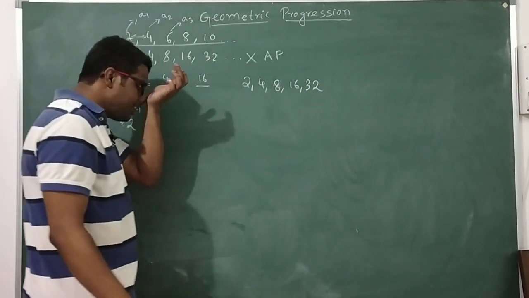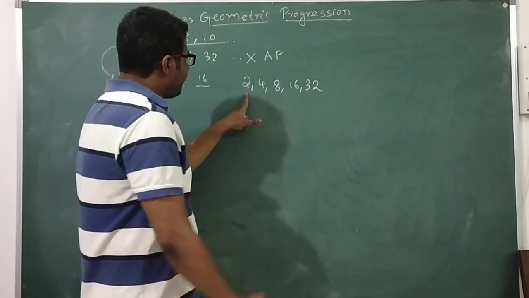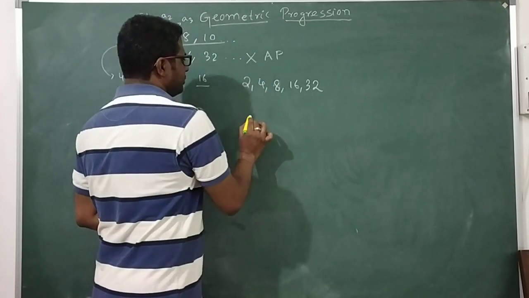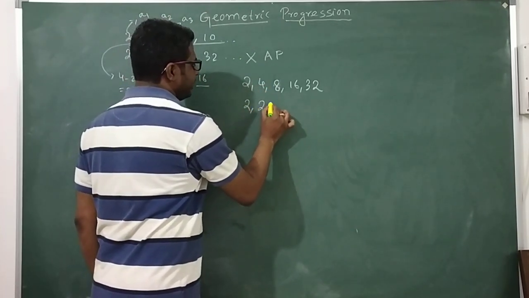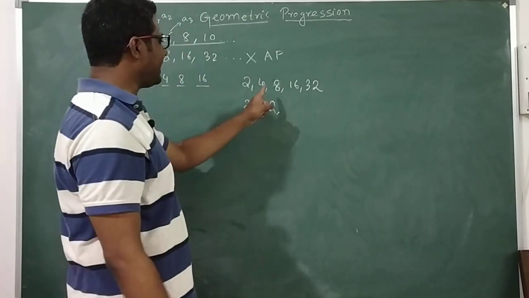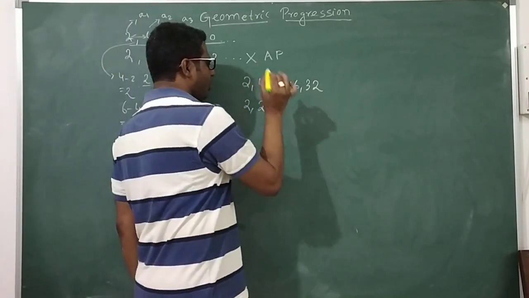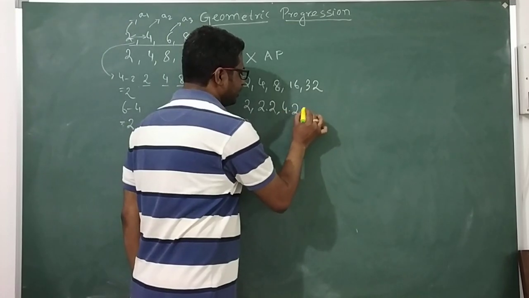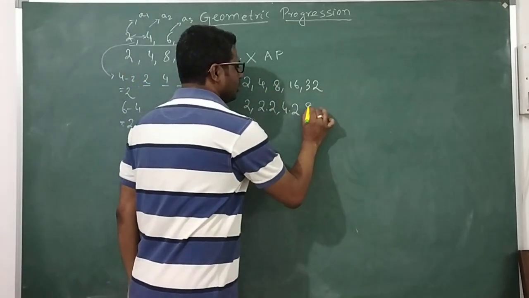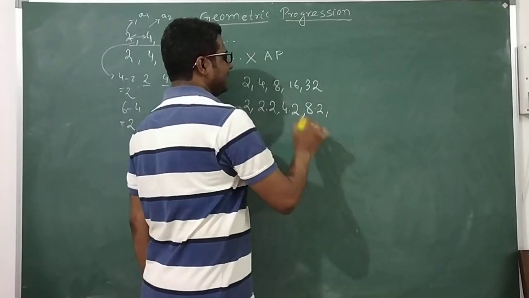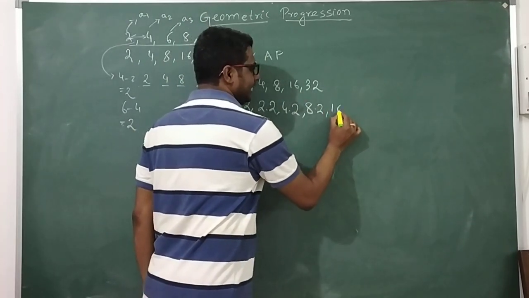If I multiply 2 with 2, then I get 4. So if this is 2, this is 2 into 2. What is 8? If this is 4, then it is 4 into 2. What is 16? 8 into 2. What is 32? It is 16 into 2.